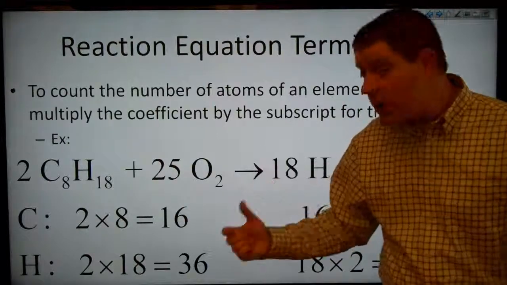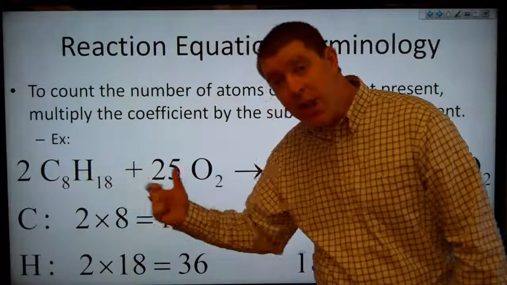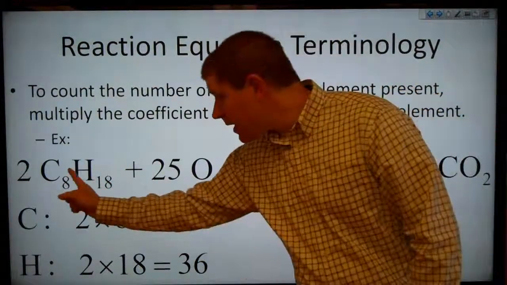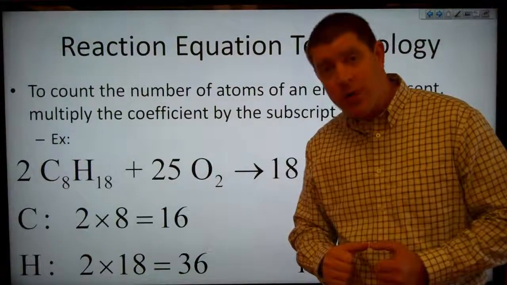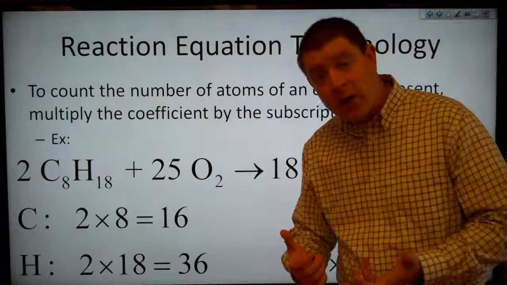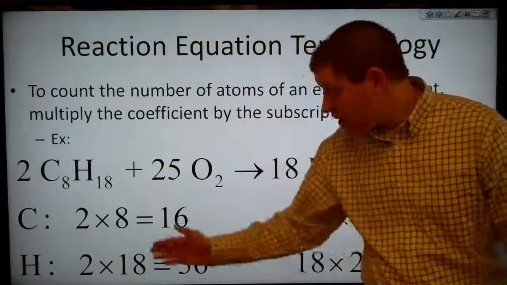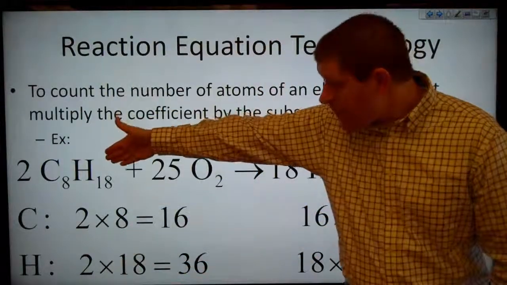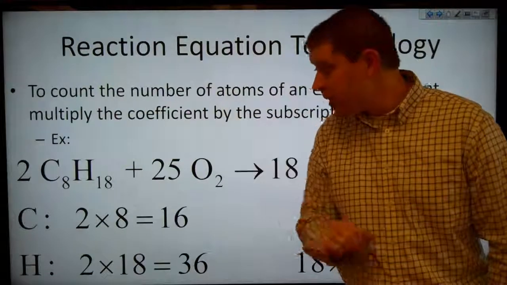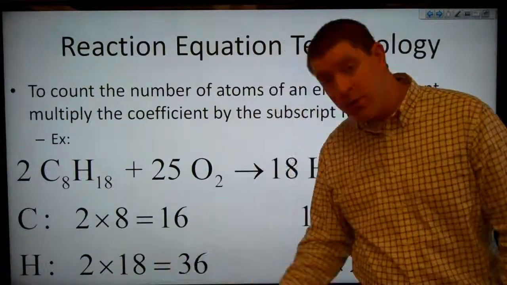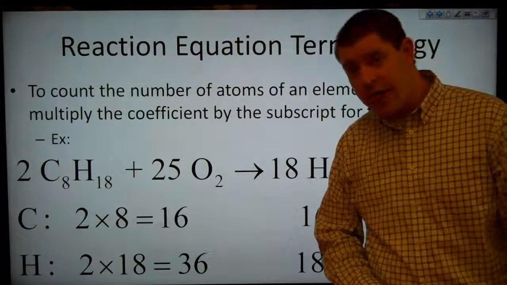Now that's occurring because we have 2 molecules of octane. In each octane molecule we have 8 carbon atoms, we have 2 molecules, so 2 times 8 gives us 16 carbon atoms. With the hydrogen, we've got 18 hydrogen atoms in each octane molecule. We have 2 octane molecules, so 2 times 18 gives us 36 hydrogen atoms.